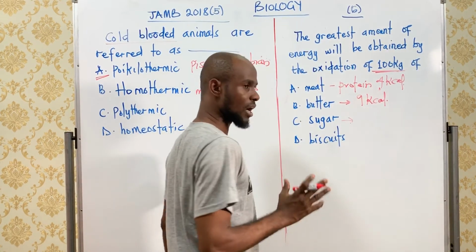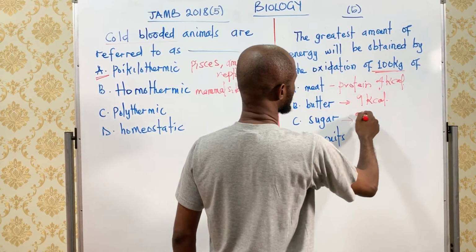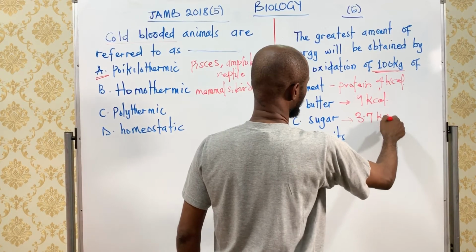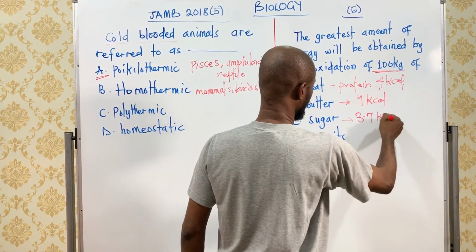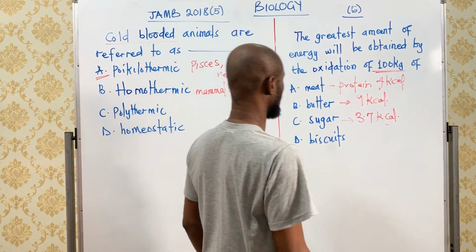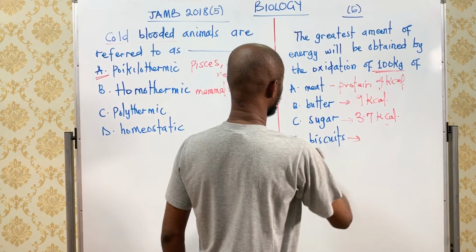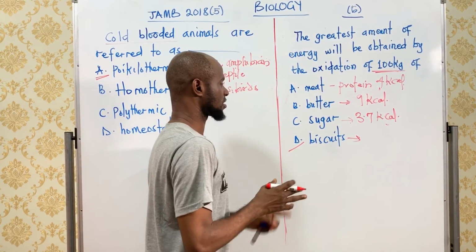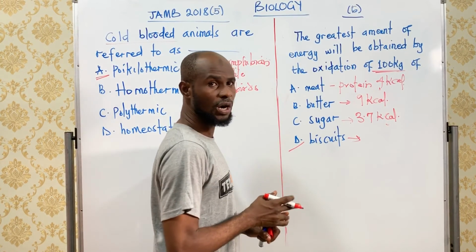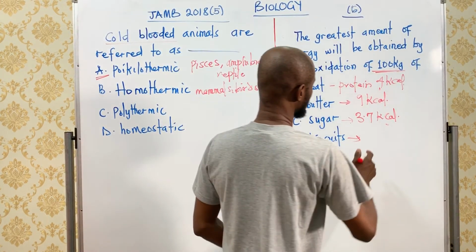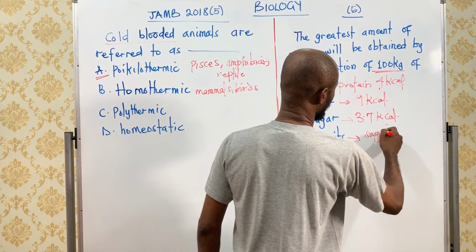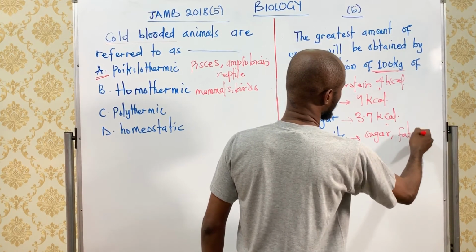Then sugar is a carbohydrate. It's going to give us about 3.7 kilocalorie, approximately 4 kilocalorie of energy. While biscuit is going to be the answer, because biscuits consist of flour, sugar, and also fats. So sugar plus fat plus flour.